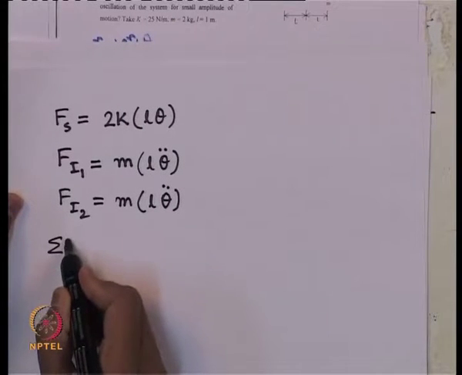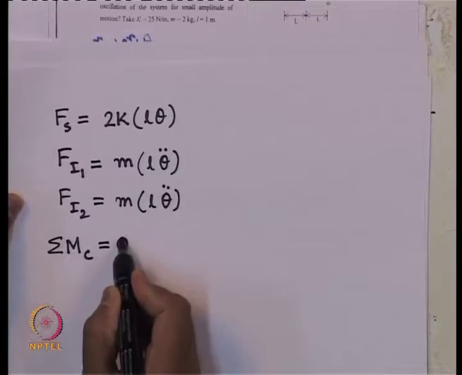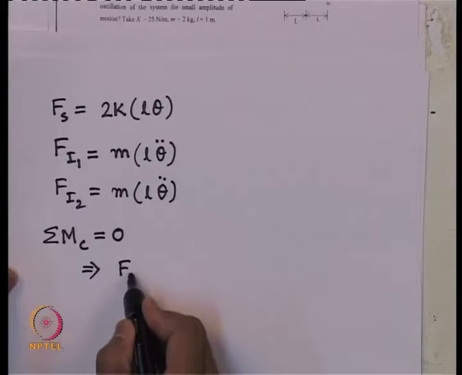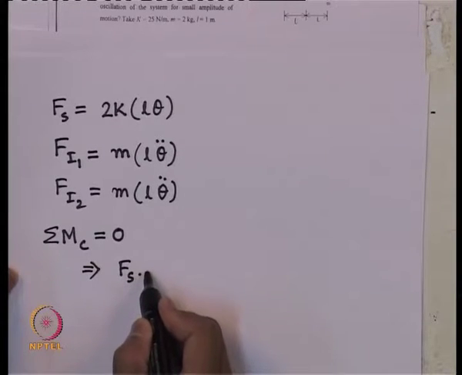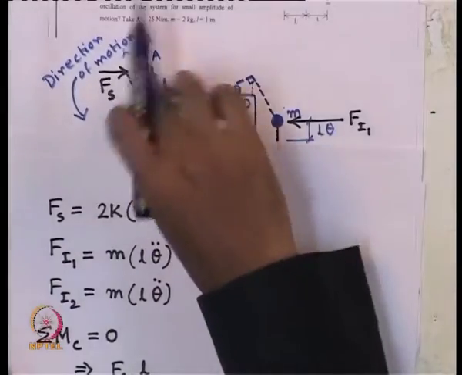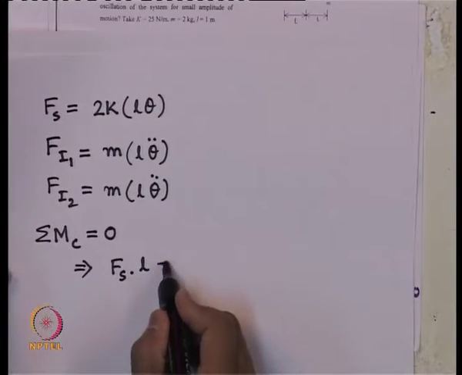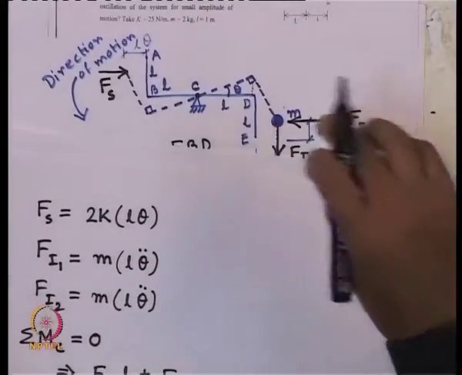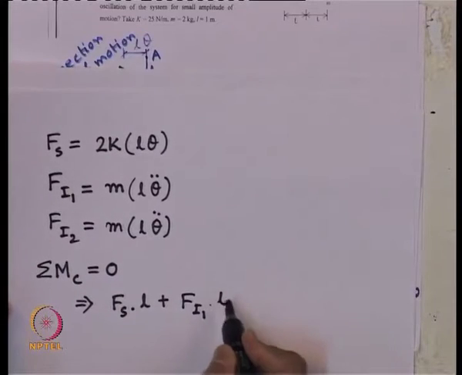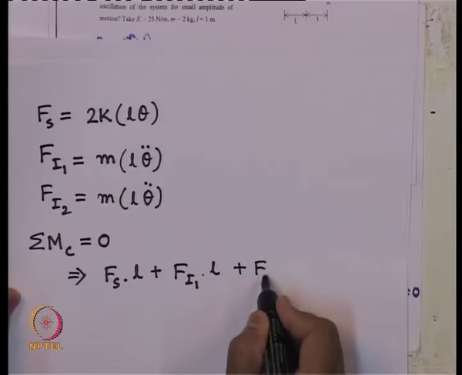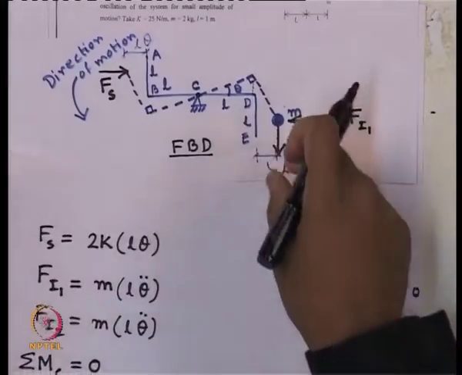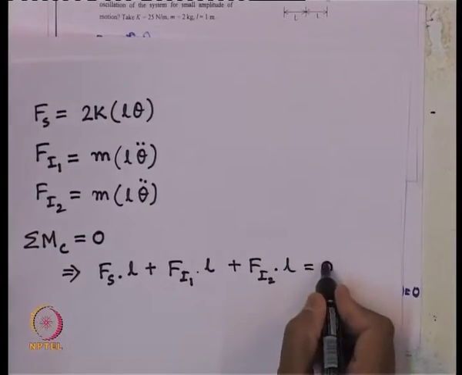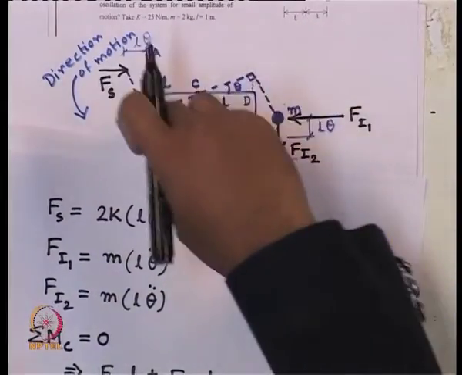Now we are writing the moment equilibrium equation about point C, which gives us the spring force times L plus F I 1, the horizontal inertia force, times L plus F I 2 times the horizontal length L equals 0, and all are producing clockwise moment about point C.